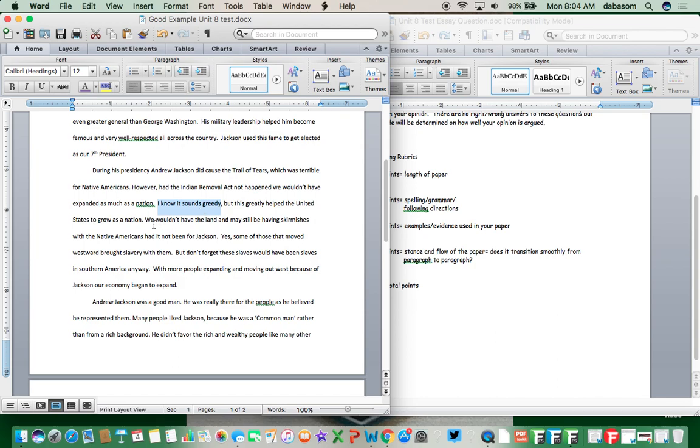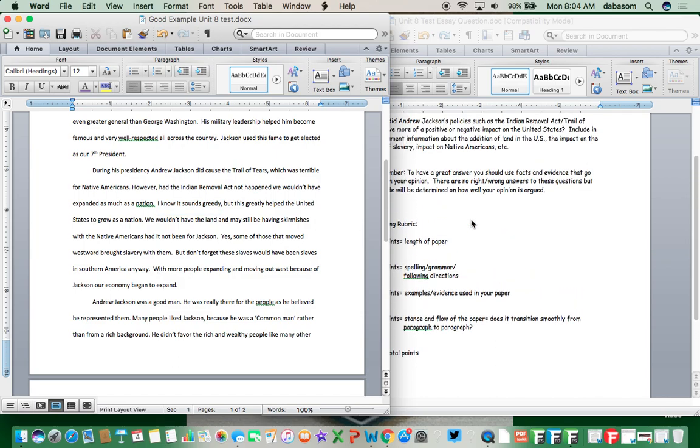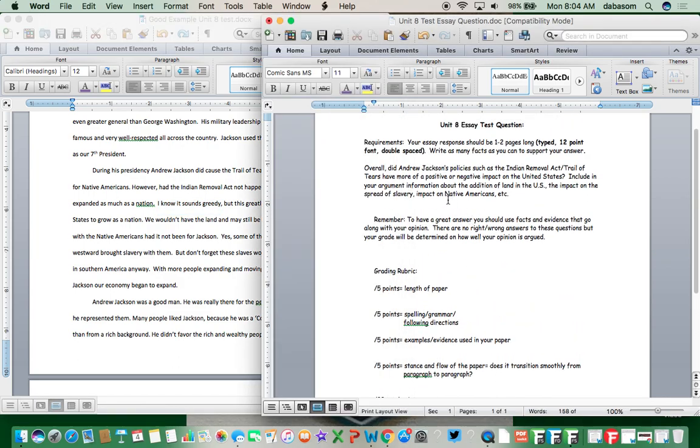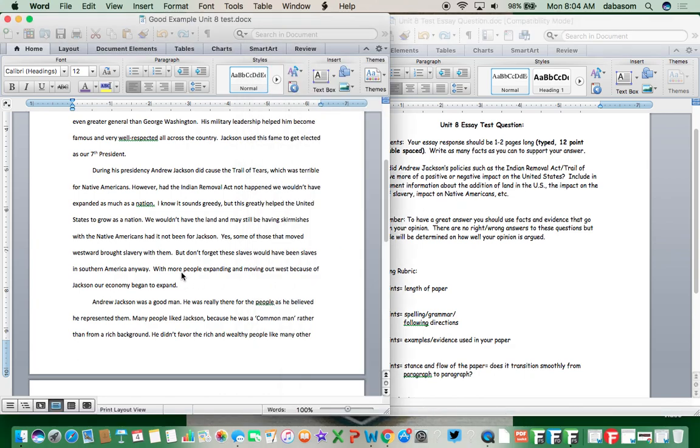We wouldn't have the land and may still be having skirmishes with the Native Americans had it not been for Jackson. Yes, some of those that moved westward brought slavery with them, but don't forget these slaves would have been slaves in Southern America anyway. This statement right here ties in right with the directions, where it says include in your argument information about the addition of land, which this person talks about, how the Native Americans are losing land to Jackson and the United States, the impact on the spread of slavery.